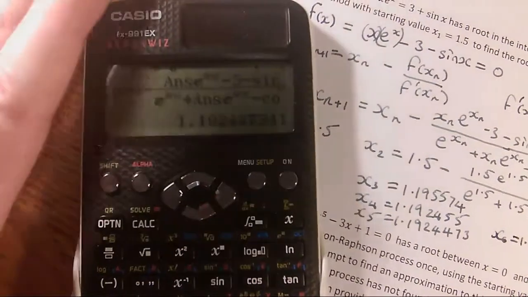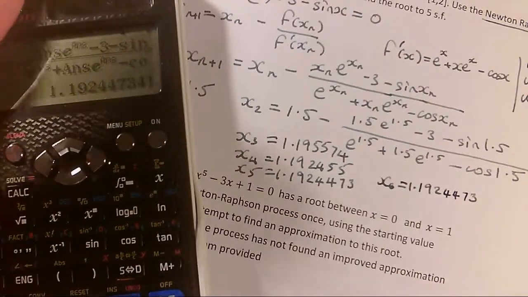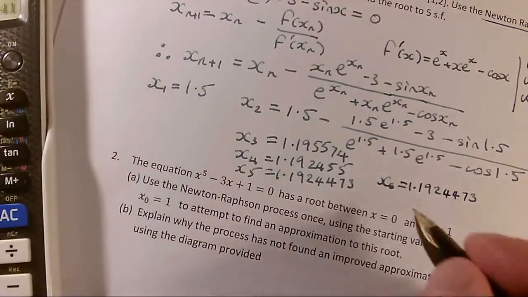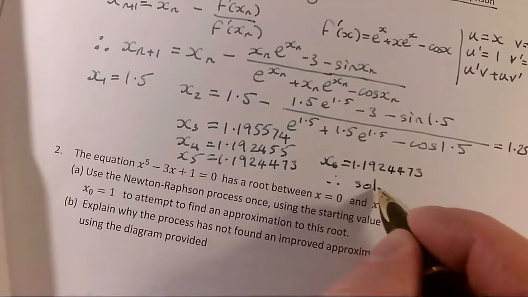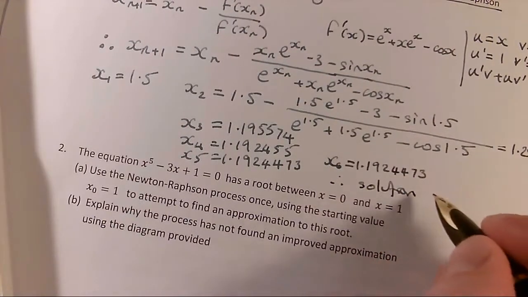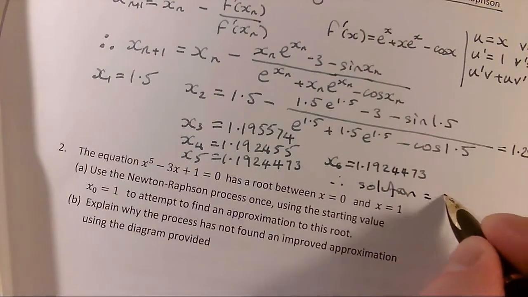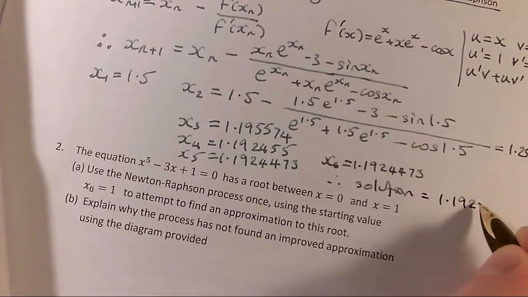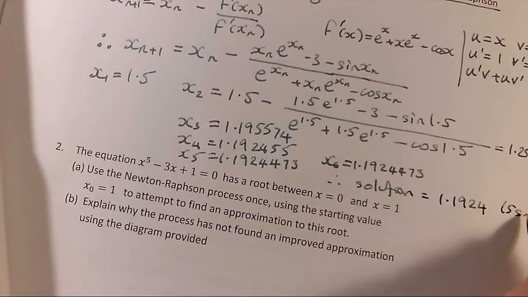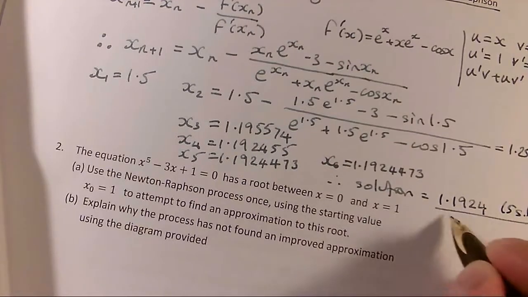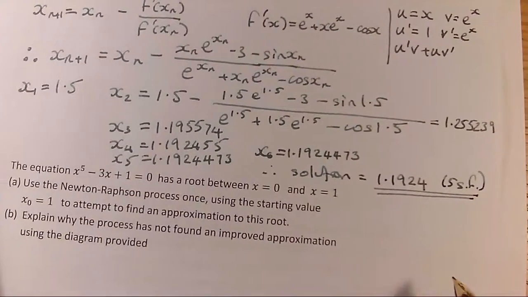It hasn't actually changed to that level of accuracy from x5, so therefore the solution, I can be confident with the first 5 significant figures, 1.1924. Okay, to 5 significant figures, double underline my answer, and I'm happy with that solution.